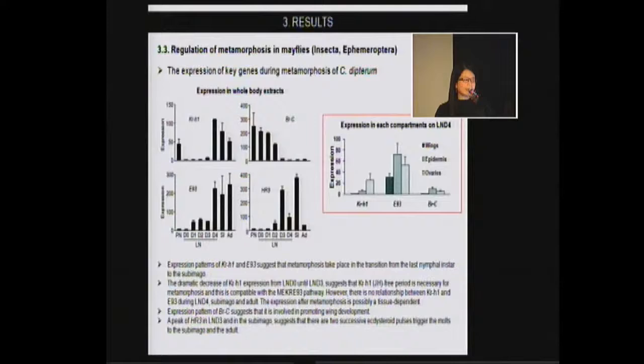Then on day 4 of the last nymphal instar, the expression of Krüppel homolog 1 increased rapidly and dramatically again, and stays at a high level in subimago and adult stage.